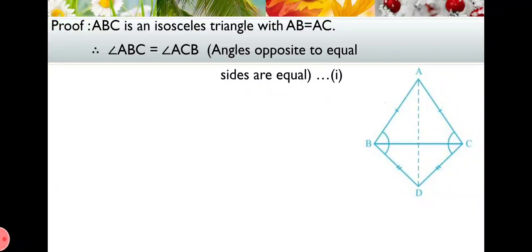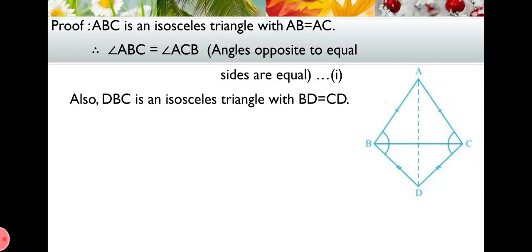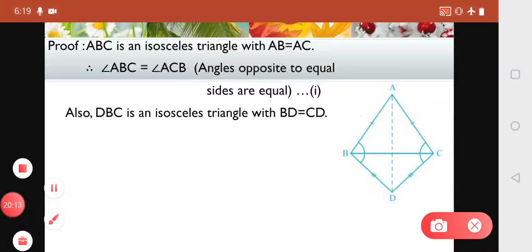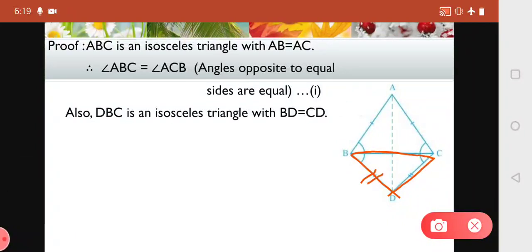Call it number 1. Similarly, in triangle DBC, which is also an isosceles triangle with BD equal to CD, it is given that DBC is an isosceles triangle with BD equal to CD. Now, this is a triangle where it is already given BD equals CD.